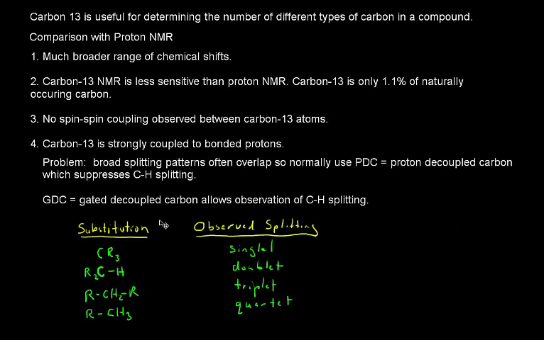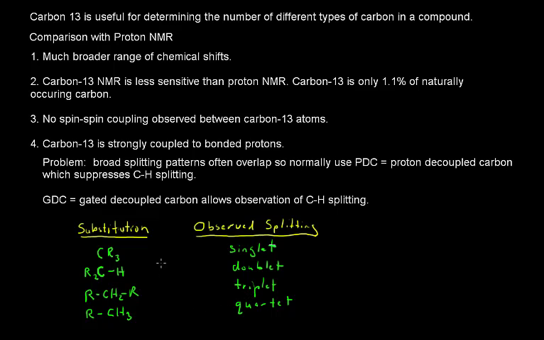And so, as you might expect, if there's no hydrogens bonded to an observed carbon, as in this case, so we've got 4 alkyl groups bonded to this sp3 hybridized carbon, there's no CH splitting, and you see a singlet. If you have 1 hydrogen bonded to a carbon, you see a doublet. If you have 2 hydrogens bonded to an observed carbon, you see a triplet, and 3, you see a quartet.